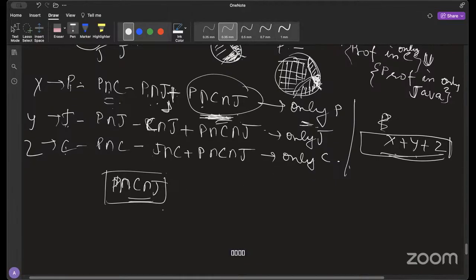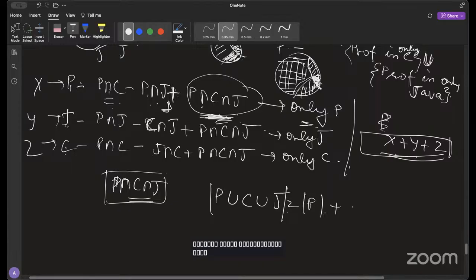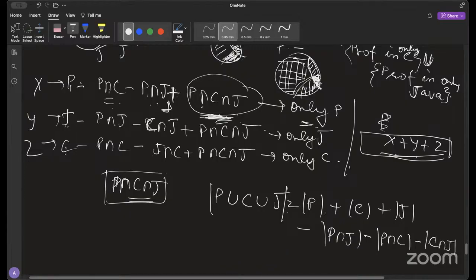So you have to find the intersection of the 3 sets. For this, you use the formula: cardinality of P union C union J equals cardinality of P plus cardinality of C plus cardinality of J, and then you subtract the cardinalities of the intersections taken 2 at a time, and then add this thing.